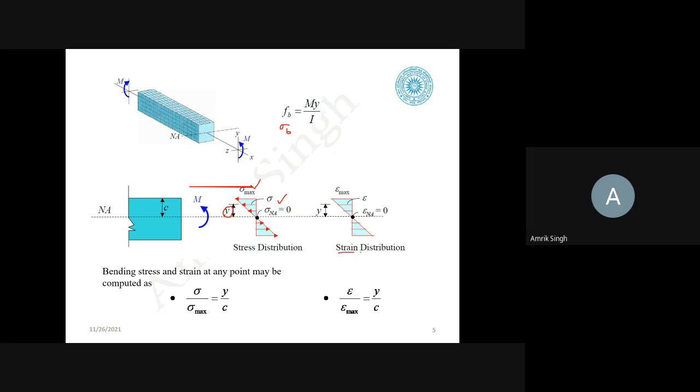So this is a strain distribution, and this is a stress distribution. Sigma is the stress we have located here, and sigma max is the stress at the extreme point. So sigma upon sigma max is y upon c. And similarly, the strain upon the strain max is in the same ratio.